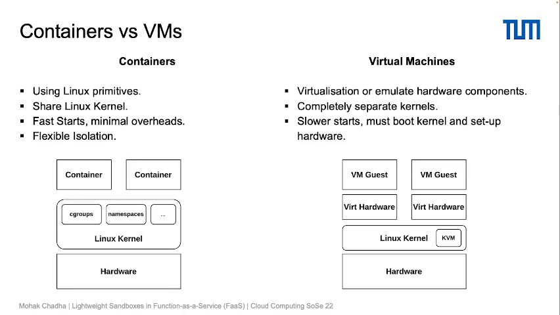So it's essentially emulating hardware, and there is separation between the kernels, which is really secure as compared to containers, right? But there are obviously slow starts, because you need to boot the entire kernel and then set up the hardware.